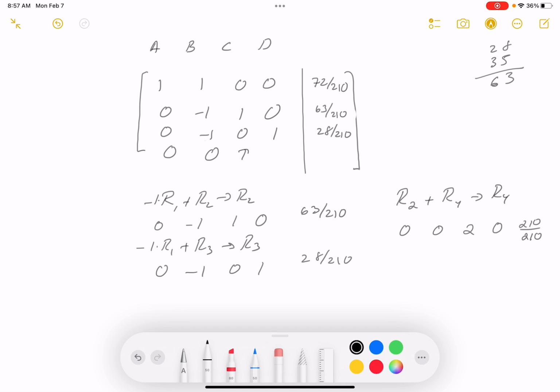I mean 0, 0, 2, 0. And 210 divided by 210, I'm going to reduce that. I could always go back to 210 over 210 if I wanted to. So what does it say? It says C is equal to 1 over 2. I can see that. All right? Now, why is that? If I read it, it would say 2C is equal to 1.